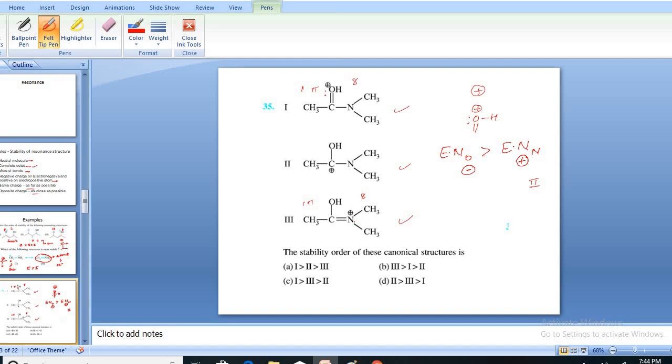So the structure wherein nitrogen carries a positive charge would be more stable. So 3 is going to be more stable, and then you would have 1 and the next is going to be 2. This is the answer for this particular question. So this was about a few examples on resonance and their stability.